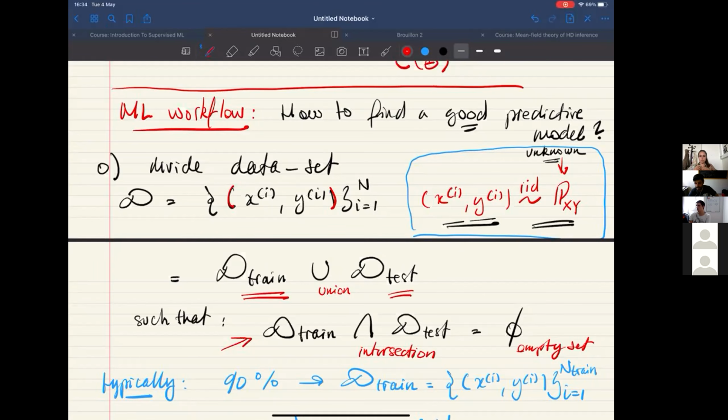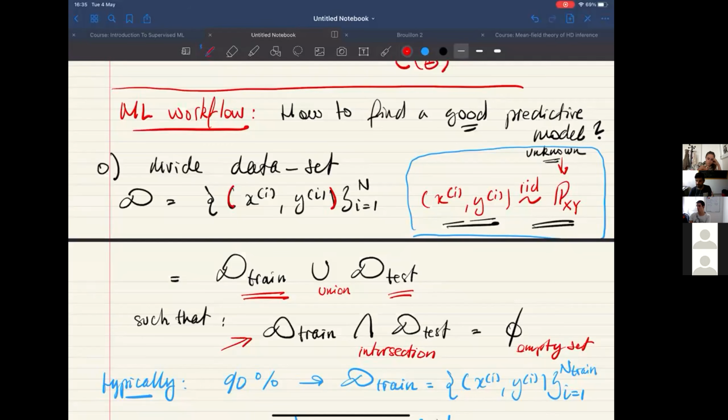So it's uncorrelated to your model. Which means that if we test our model on the test data, we have an unbiased estimate of the performance of our model. Unbiased in the sense that the test data is totally uncorrelated with the model that we trained.